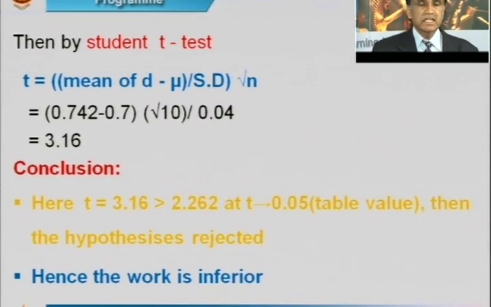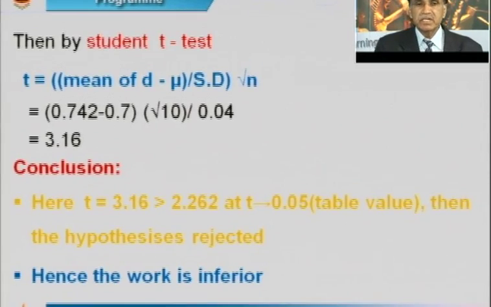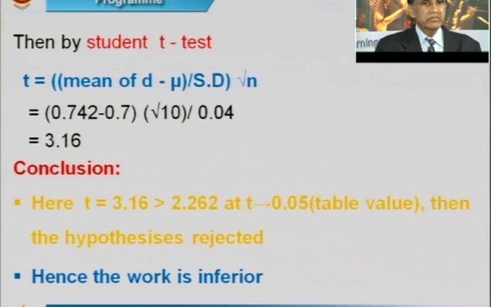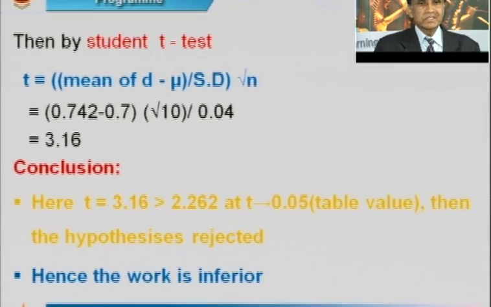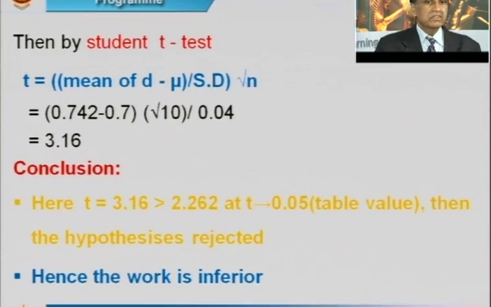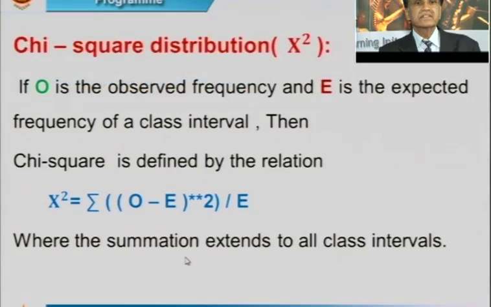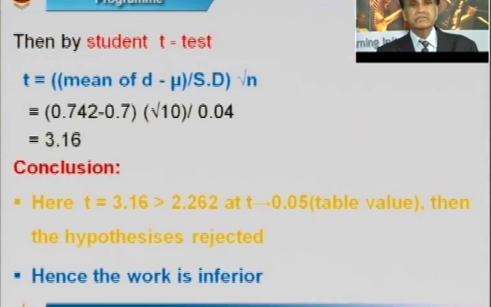The calculated value is 3.16, and the table value for the degrees of freedom 10 minus 1 is 9, at 5% level of significance, is 2.262. Since the calculated value is greater than that value, obviously the hypothesis, that means our claim, should be rejected. Hence the worker is inferior. This is the conclusion we take from the t-test.